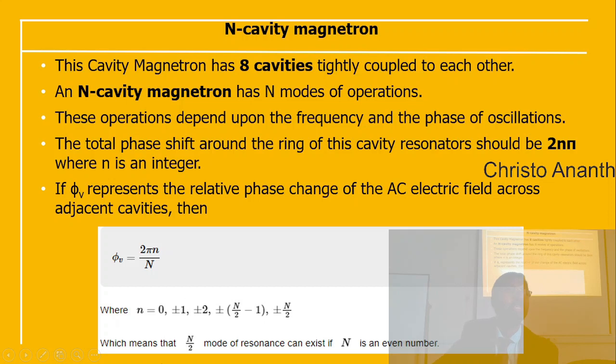It can take 0, ±1, ±2, and so on, up to N/2 minus 1, and finally N/2. Which means that the N/2 mode of resonance can exist only if N is an even number.